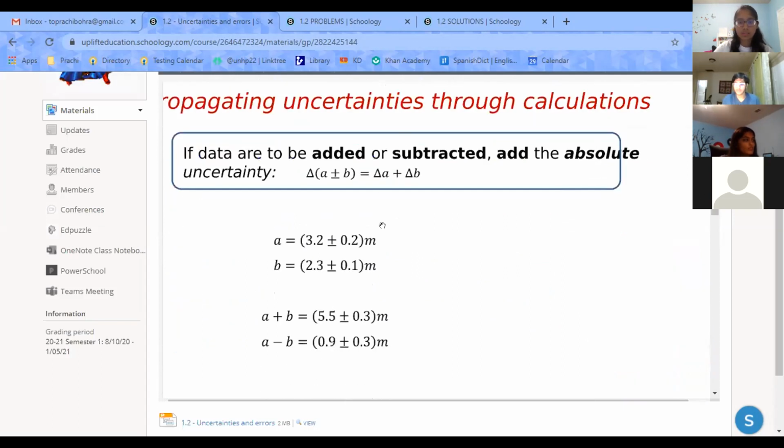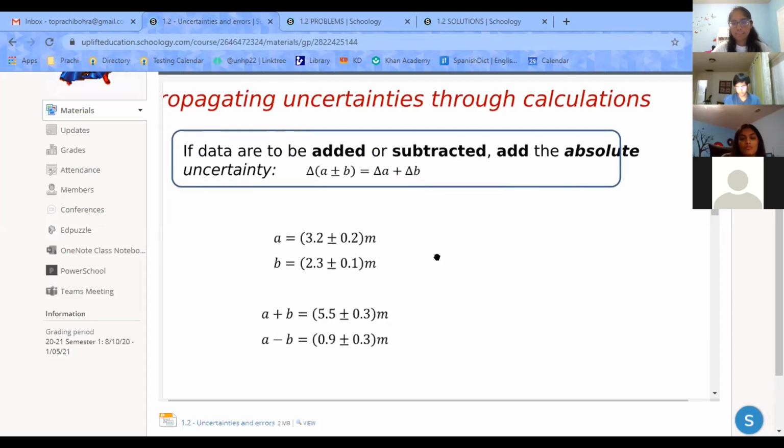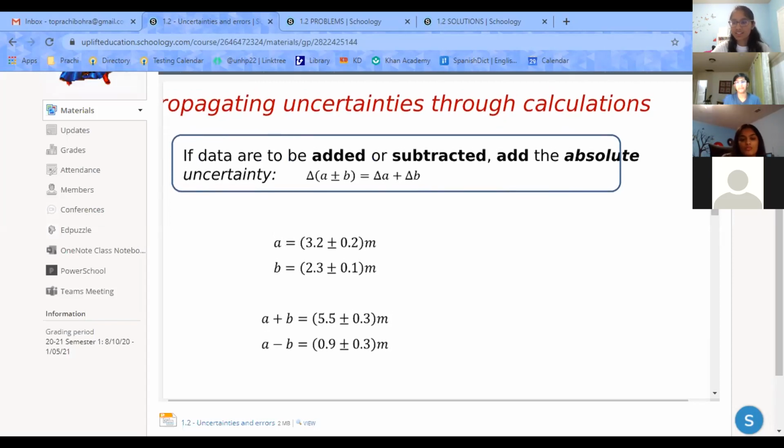Once you start adding and subtracting and averaging, for averages you do the range of the values over 2. That's your uncertainty, because that shows the complete range of values that you had before you took the average. Does that make sense? I feel like I didn't explain that very well. That makes sense, yeah.